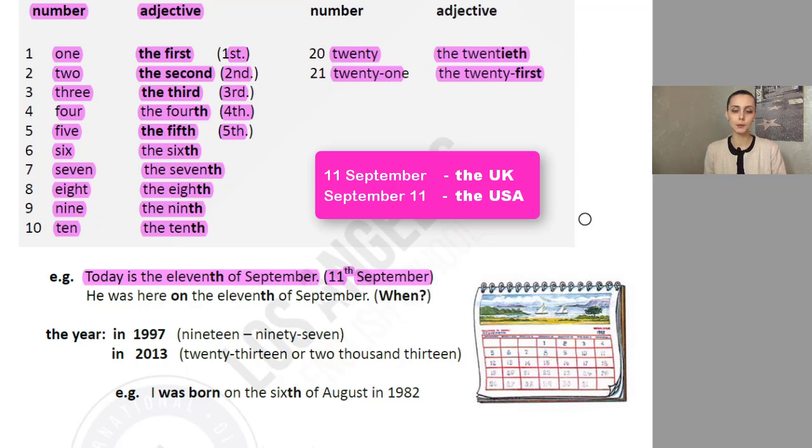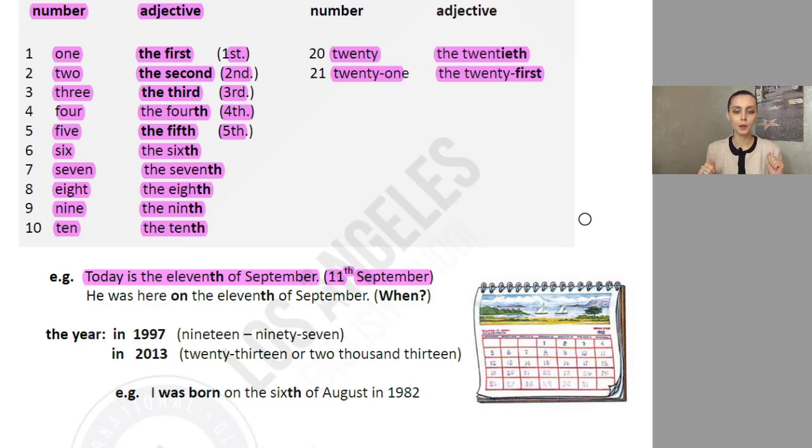For Americans, first the month, then the number. Okay? All right, let's recap. You can say today is September 11th. For me, for example, today is December 12th. Try to use this option as well.